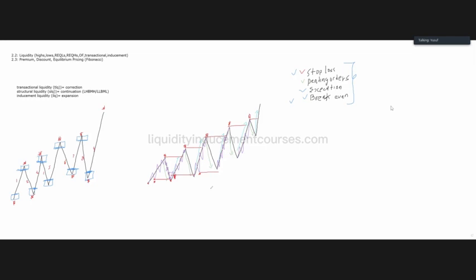Remember, never have expectations on price. Just keep listening to the language it's speaking. When you understand better the language it says go, then you can now go. No expectation at all. I hope it's making sense now, everybody.